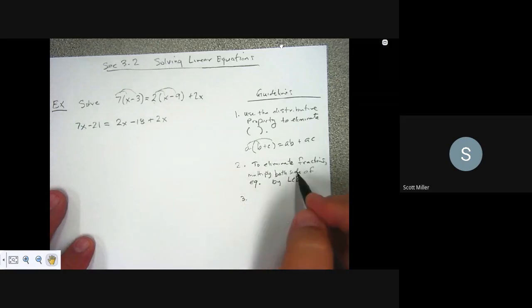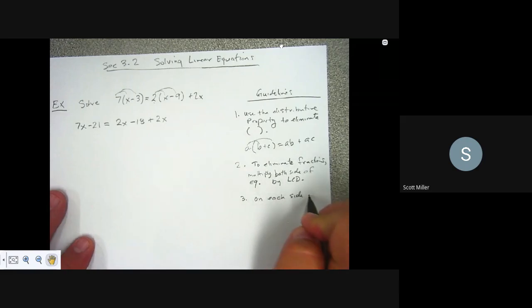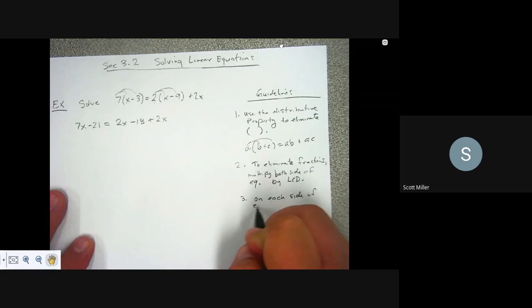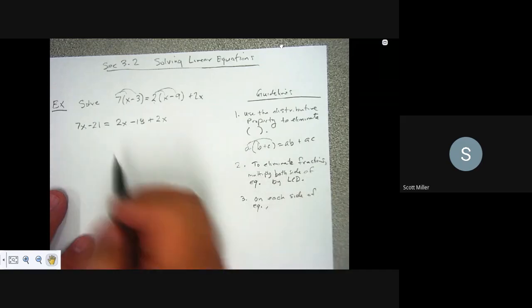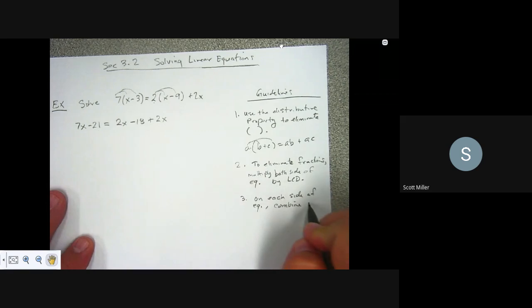So we don't have fractions, so we go right to the next step, step 3. On each side of the equation, so we've got this side over here and this side over here, we want to combine like terms. What are like terms?